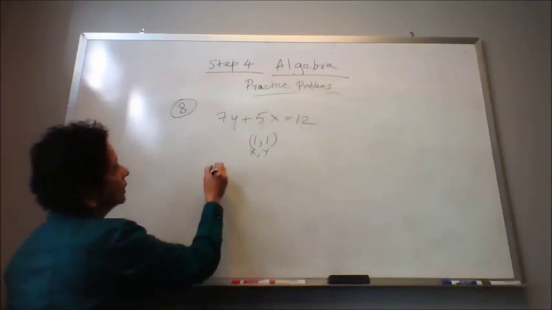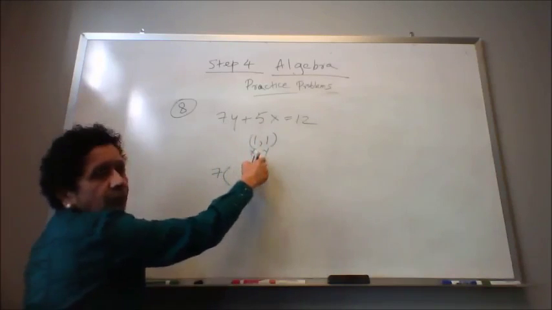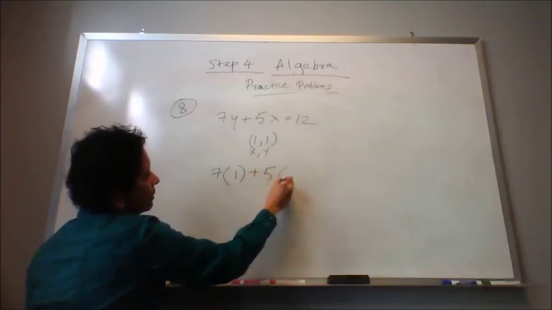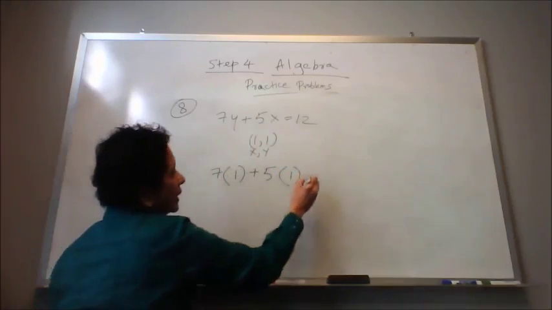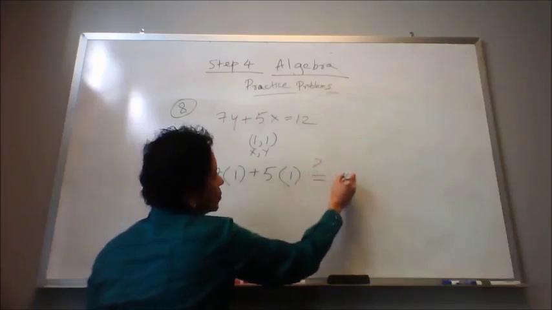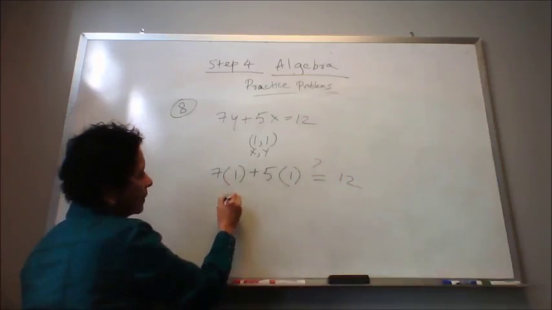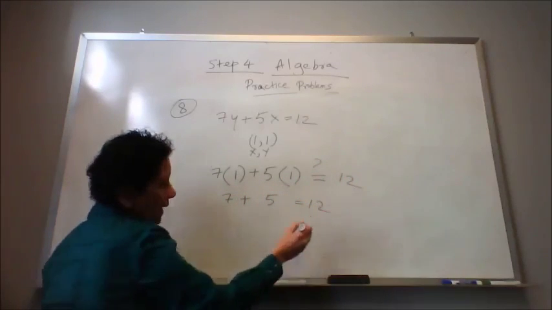So all I have to do is 7, and then in place of y, I plug in 1, and then 5, and then x is 1, so instead of x, I plug in 1. Then the question is, is it equal to 12, right? So 7 times 1 is 7, 5 times 1 is 5, equal to 12, yes.